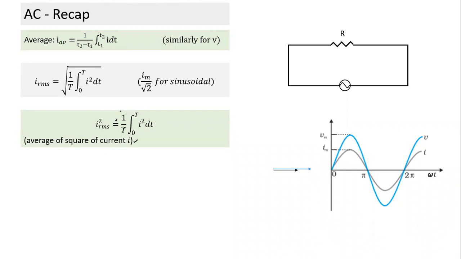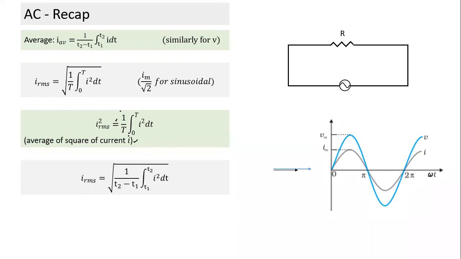So far, all are mathematical expressions, and you'll notice all are definite integrals. In some cases, we can also be asked to find IRMS for a particular time interval. IRMS, if not stated otherwise, is for a time period, which is a long time interval. Some questions can say find IRMS between time T1 and T2.